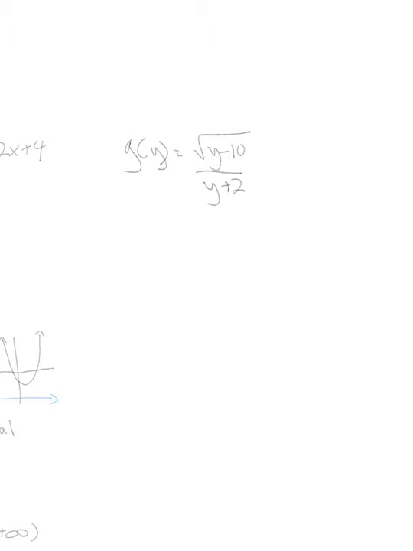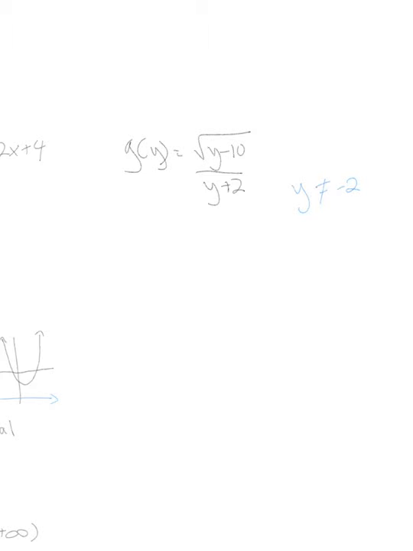We know from the y plus 2, y cannot equal negative 2. That will make our denominator 0. However, we also know in radicals that we cannot have a negative radical.